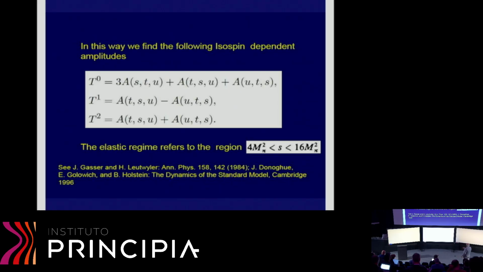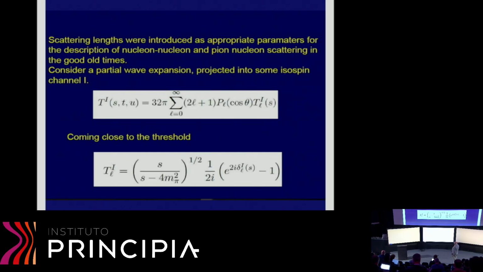This is a standard, beautiful reference about this formalism. Now, in general, and this is a matter for a quantum mechanics book, every scattering amplitude can be expanded in a series of partial wave amplitudes with defined angular momentum. When you are close to the threshold, these scattering amplitudes behave in this way. And here is where our hero appears, the scattering length, close to the threshold.